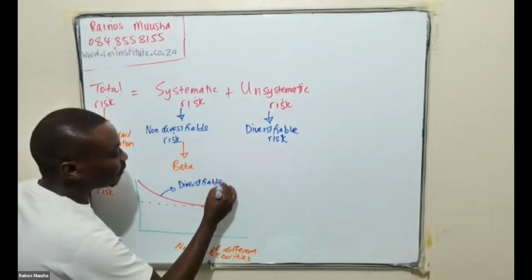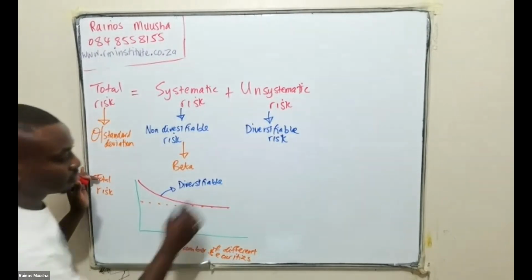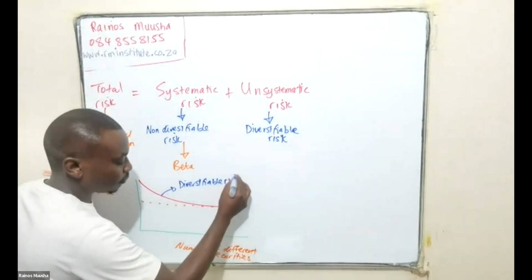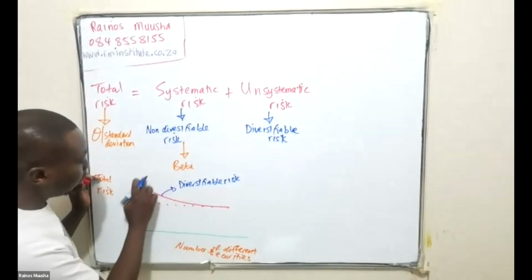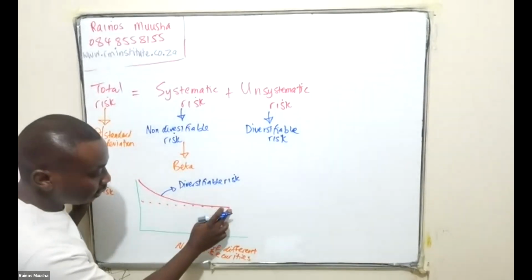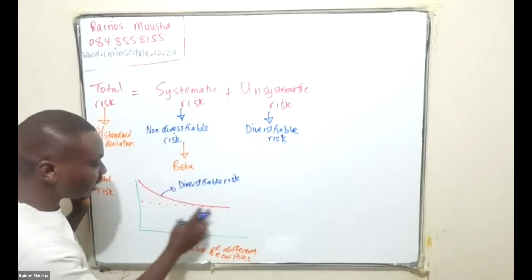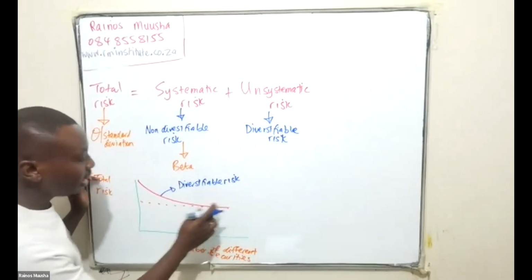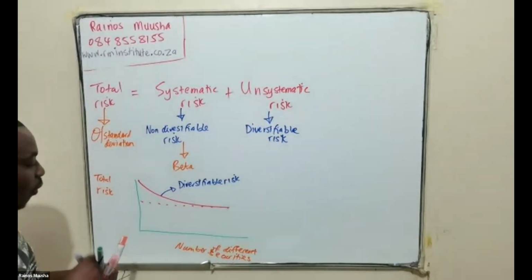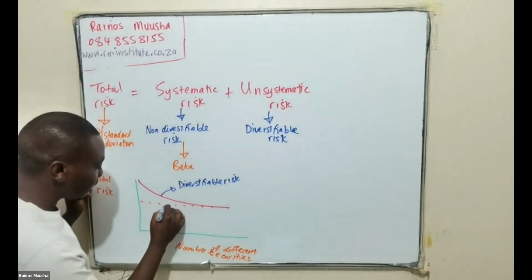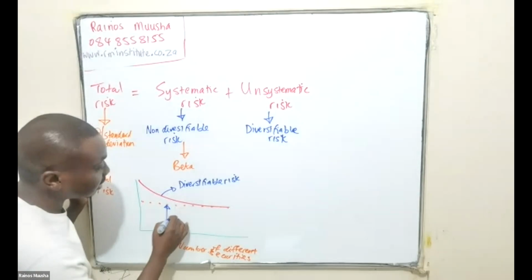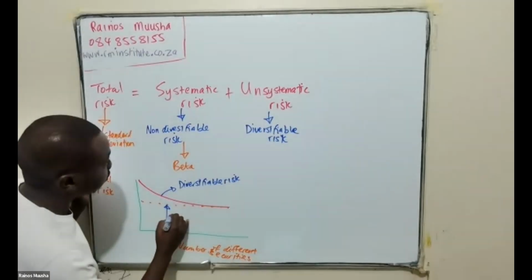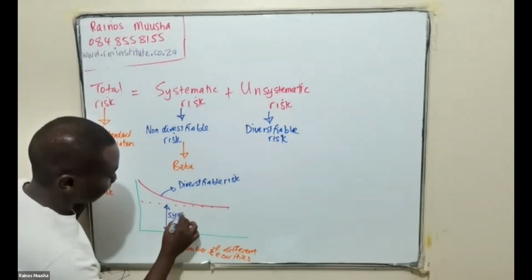So the more you diversify your portfolio, by having different securities in your portfolio, the more this diversifiable risk falls away. So this diversifiable risk can fall away until we are only left with this risk. So this risk is basically what we refer to as systematic risk.